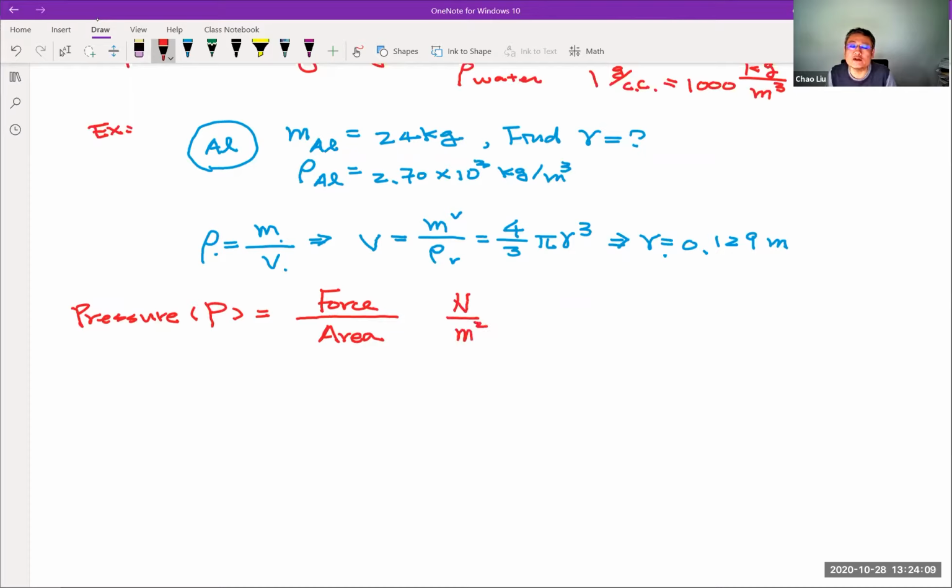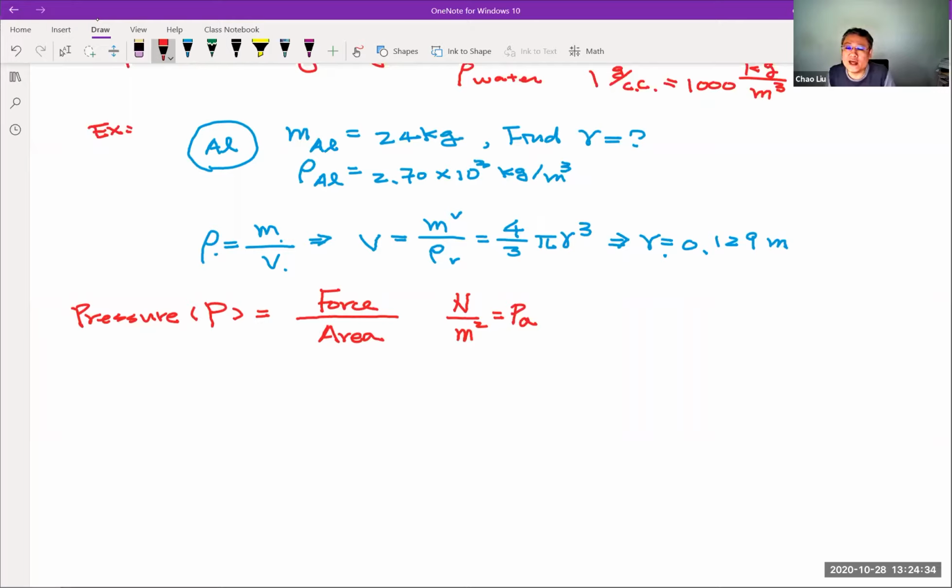So this is the unit for pressure. But we're kind of lazy. We don't want to say Newton per meter squared. We define this as another term, which is called Pascal. So if you see Pa, that simply represents the Pascal. Pascal means Newton divided by meter squared.